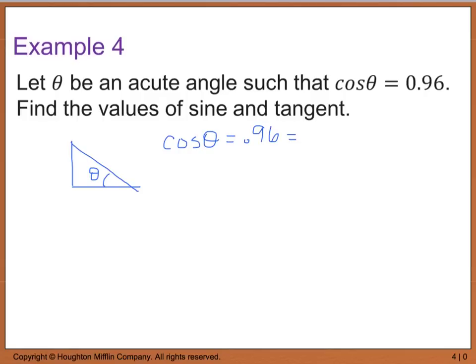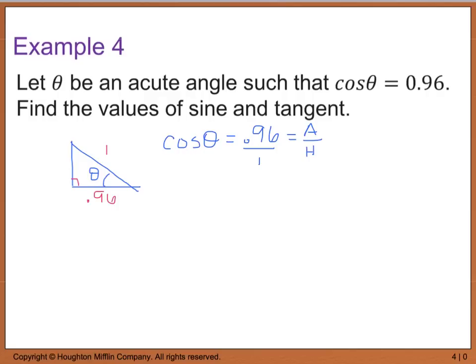I know that the cosine of theta is really equal to the adjacent over the hypotenuse. So if I go and rewrite 0.96 as a fraction, I really have 0.96 divided by 1. So I know then that my hypotenuse is 1 and my adjacent side is 0.96.